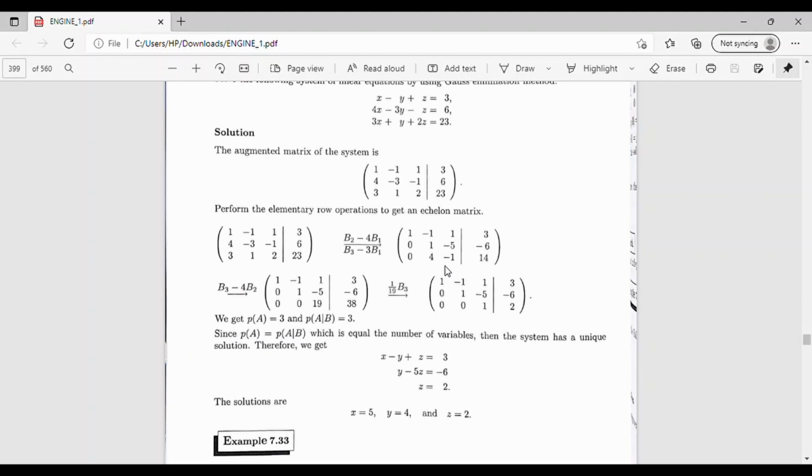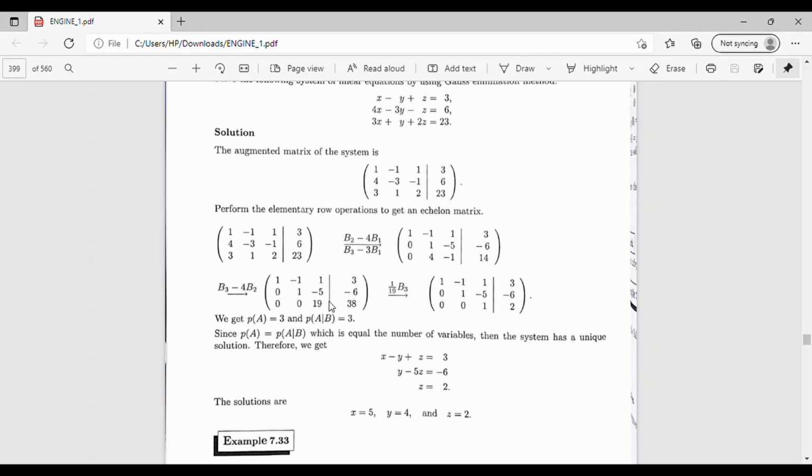So we need to convert to 100 and 010 only. So we use this equation to make sure this converts to 0, the same method as this, just we change the equation. After that we get a matrix like this, and we need to change 19 to 1.